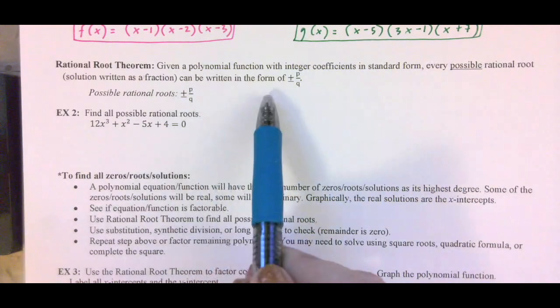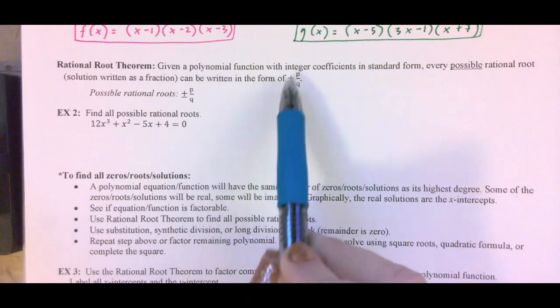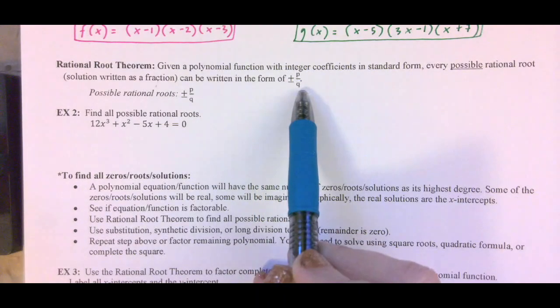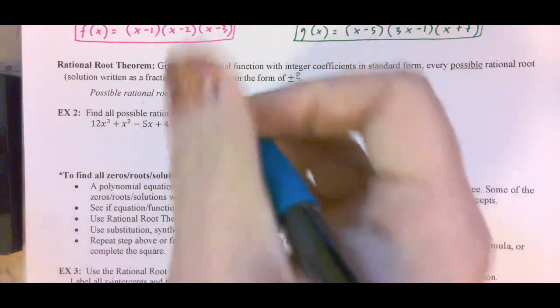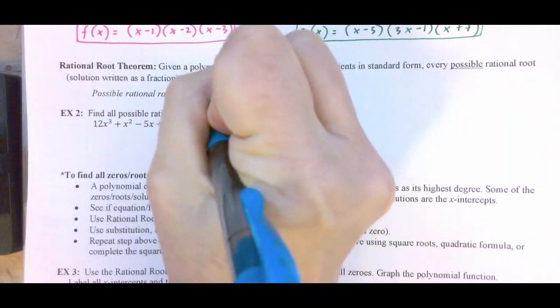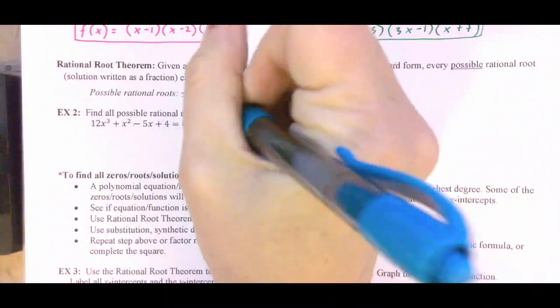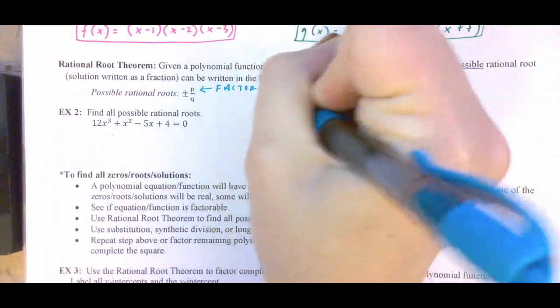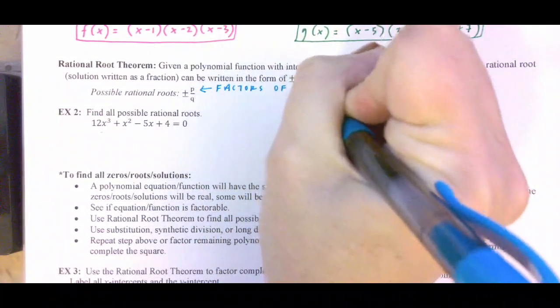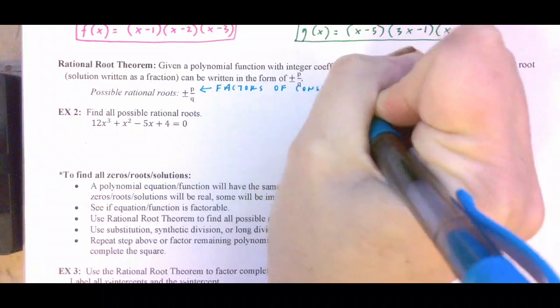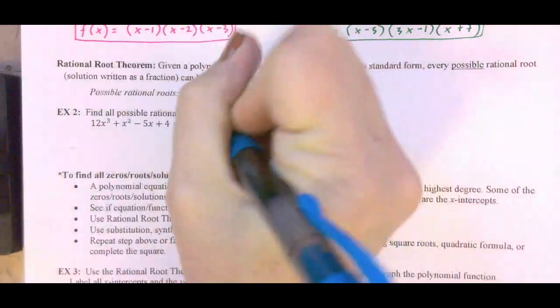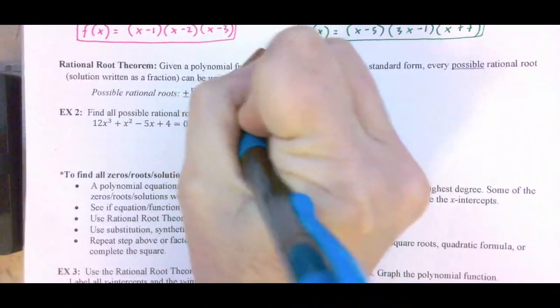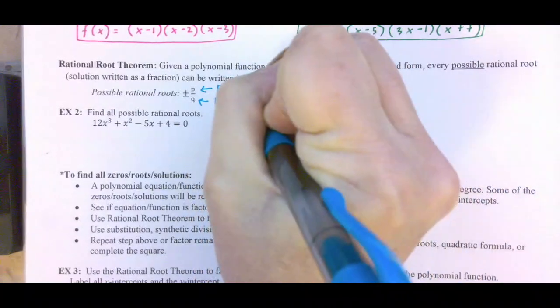Okay, we can write those possibilities in the form of plus or minus p over q. So all that is, p is factors of the constant, and then q is factors of the leading coefficient.